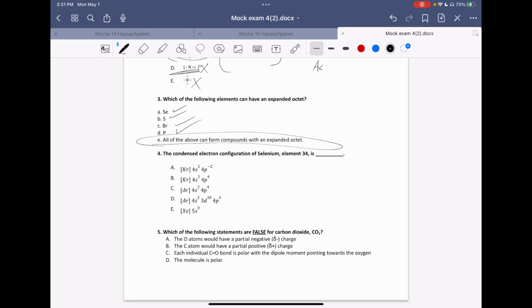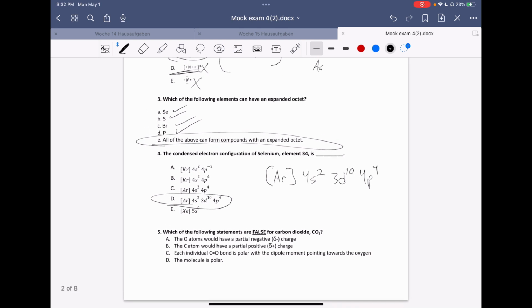The last complete row ends at argon, so we start at argon, and then we start at 4s2, and then we cross the transition metals, so we go down in energy levels to 3d10, 5 orbitals, 2 electrons each, and then we go back to 4 for the p orbitals. It starts at 31 in 4p: gallium, germanium, arsenic, and then selenium. So it's 4p4, and that answer is going to be answer choice D.